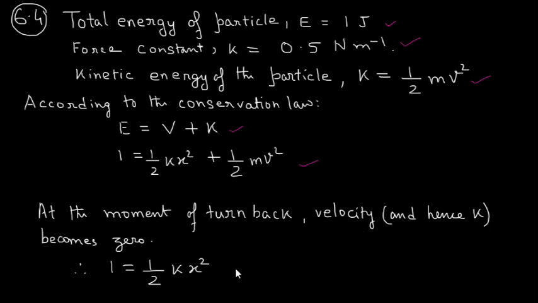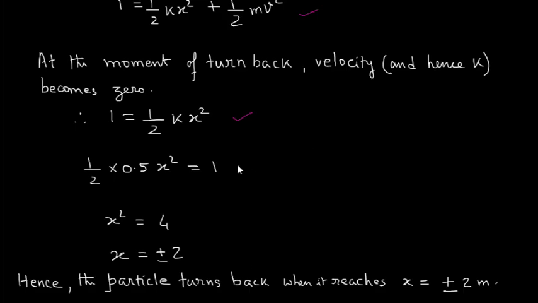So therefore 1 is equal to half kx square. Therefore half multiplied by 0.5 x square is equal to 1, and x square is equal to 4, x is equal to plus minus 2. Hence the particle turns back when it reaches x is equal to plus minus 2 meter. Let us see the next question.